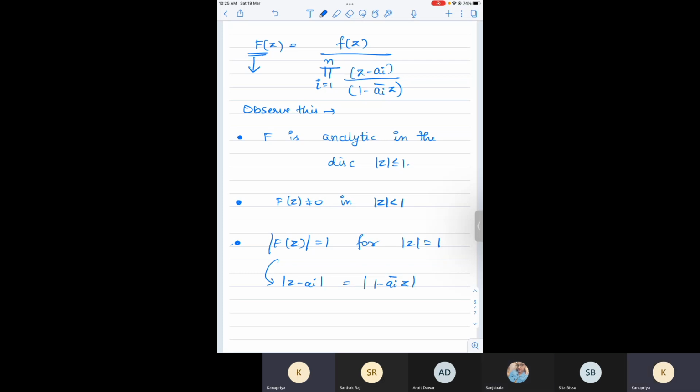How will you show that? This is a simple calculation.